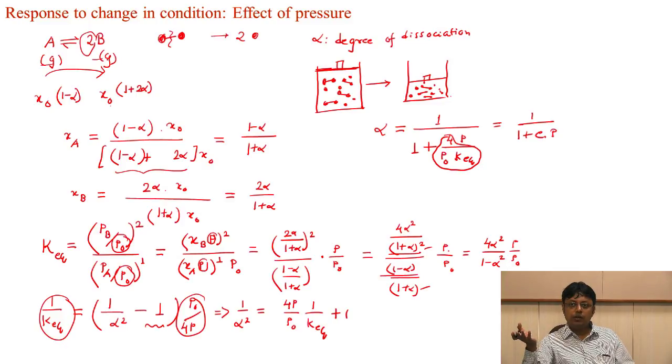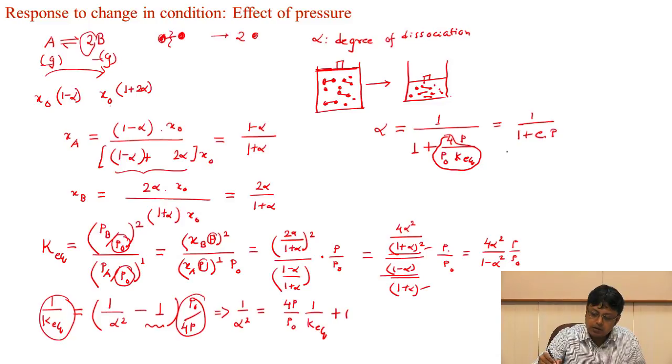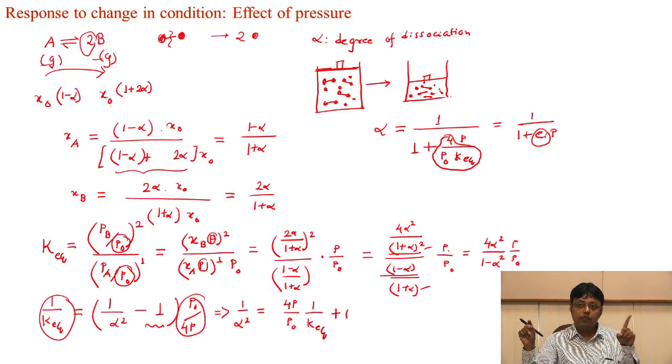The alpha will actually be reduced, and the reduction is happening in the other way, in the sense that now the B molecules will do an association reaction and form more A molecules. In the equilibrium, the ratios should be constant because the K equilibrium is constant. So if I increase the pressure, my alpha will change.